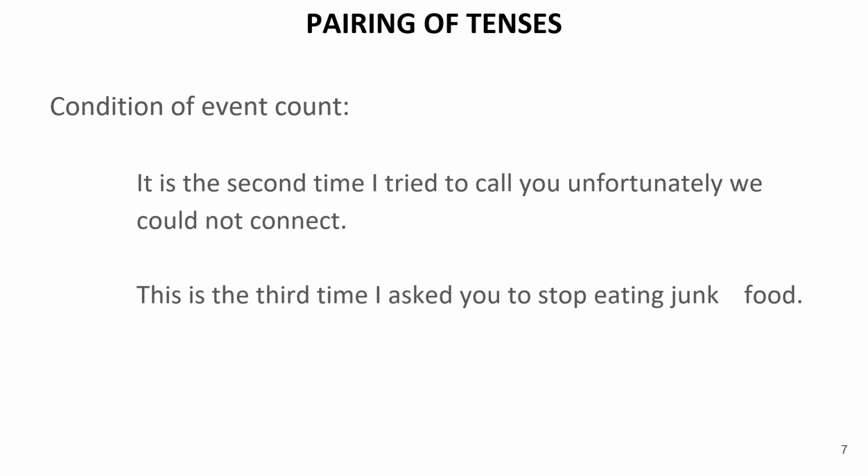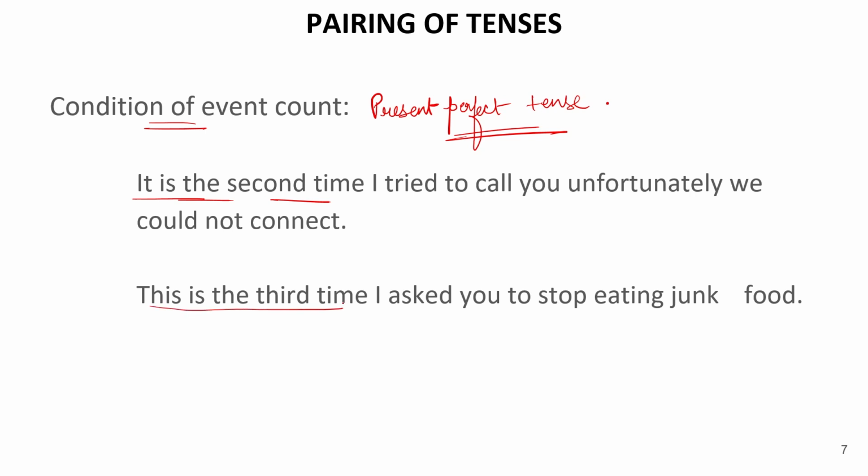Whenever we say it is the first time, it is the second time, or it is the third time, in these types of sentences we always use present perfect tense.